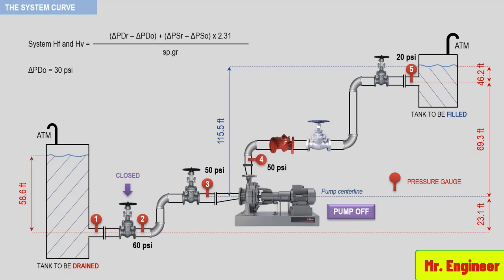This indicates that the term delta PSO from the Backus Custodio formula is equal to 10 psi. Now, gauge 1 on the other side of the closed valve is reading the elevation in the suction tank. This gauge should be reading 25 psi because it is 58.6 feet deep into its column.